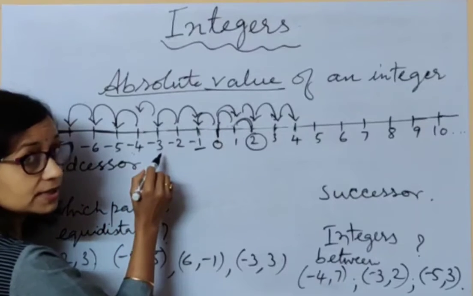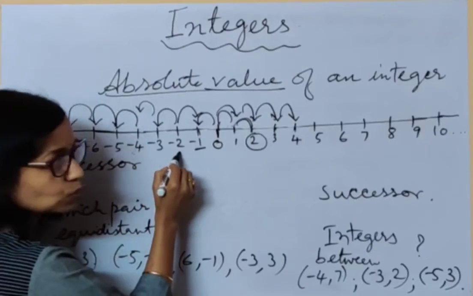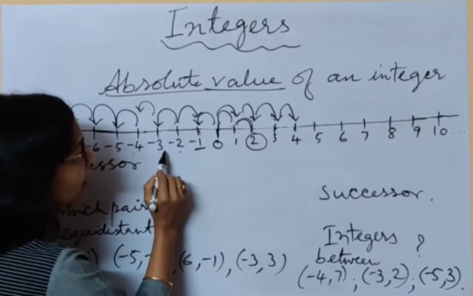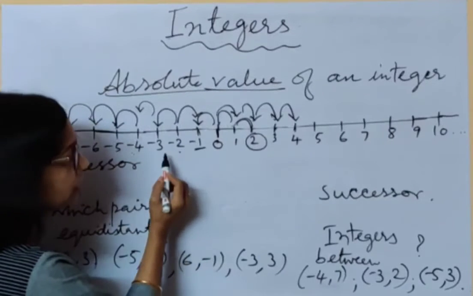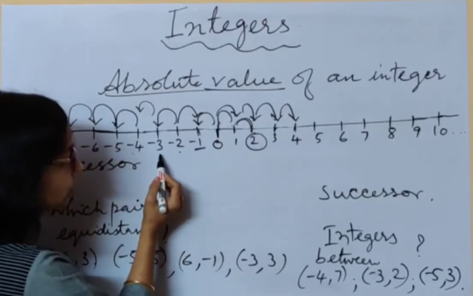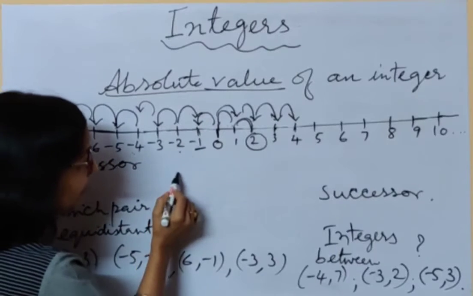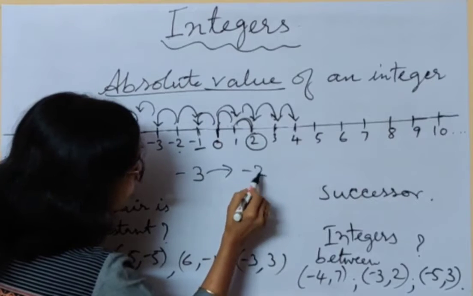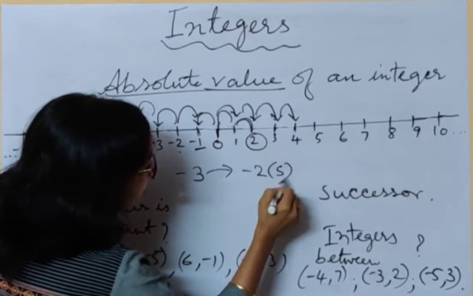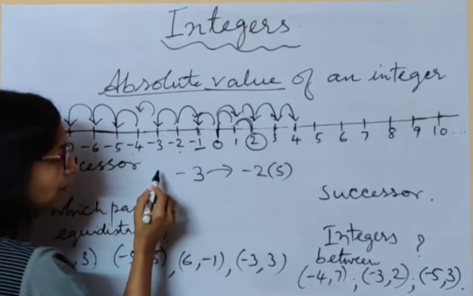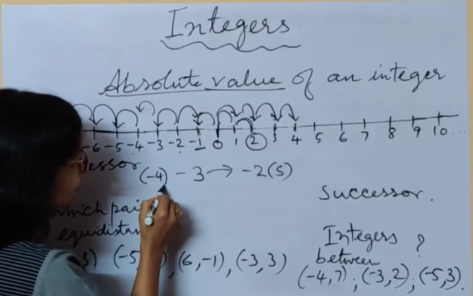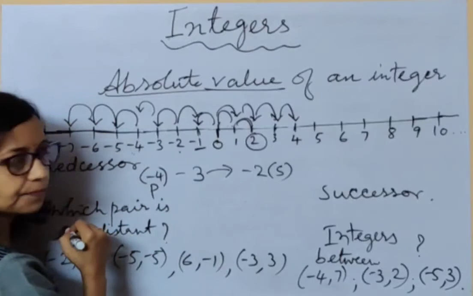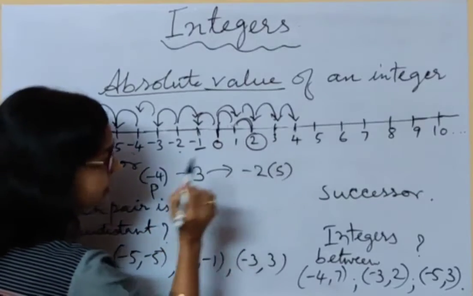But what is the successor of minus 3? Minus 2. So we are getting the number on the right of minus 3, that is minus 2. This is your successor. And on the left of minus 3 we get minus 4. This is your predecessor.